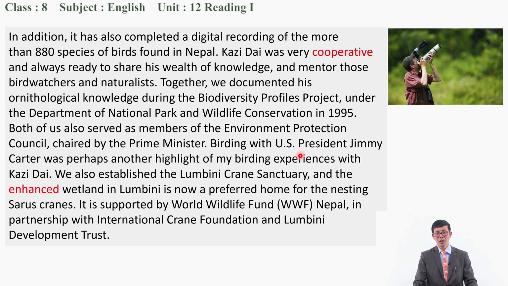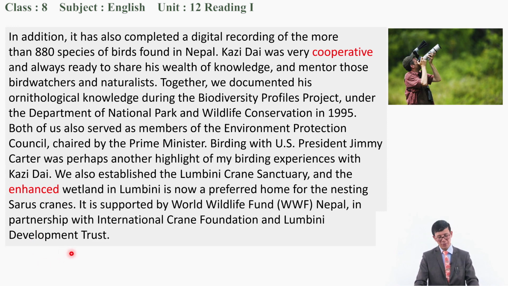Birding with US President Jimmy Carter was perhaps another highlight of my birding experiences with Kajidai. We also established the Lumbini Crane Sanctuary, and the enhanced wetland in Lumbini is now a preferred home for the nesting Sarus cranes. It is supported by World Wildlife Fund (WWF) Nepal in partnership with International Crane Foundation and Lumbini Development Trust.